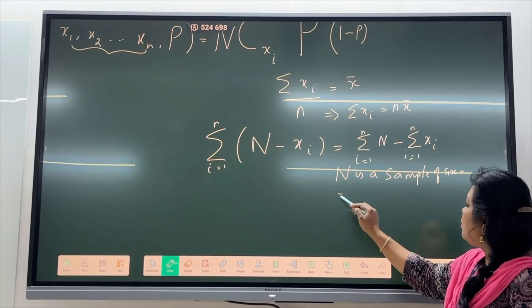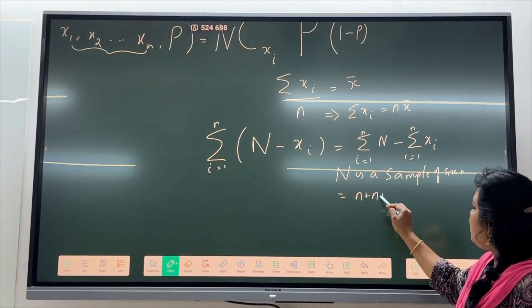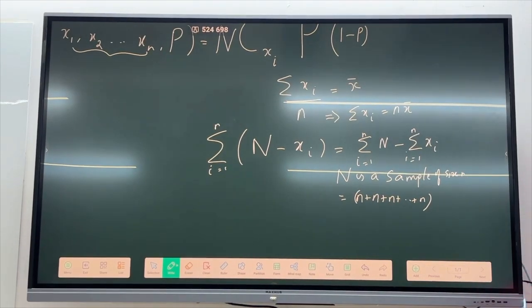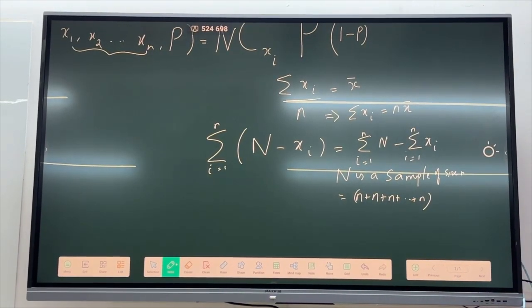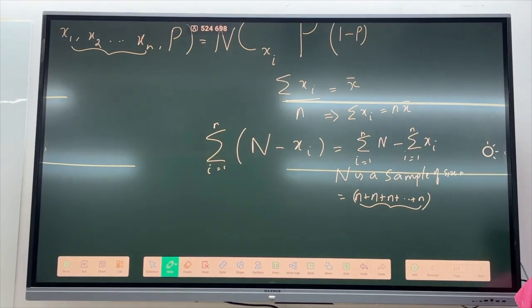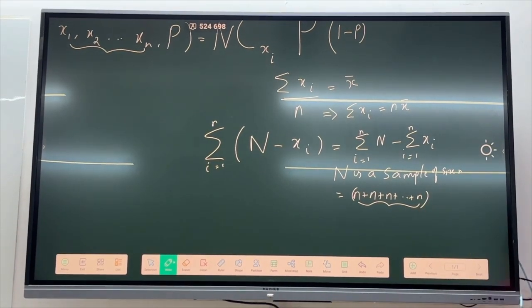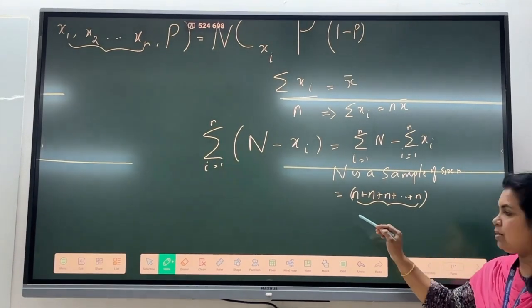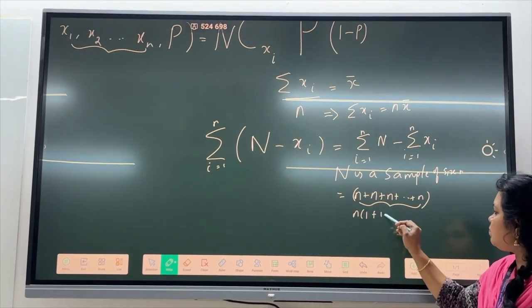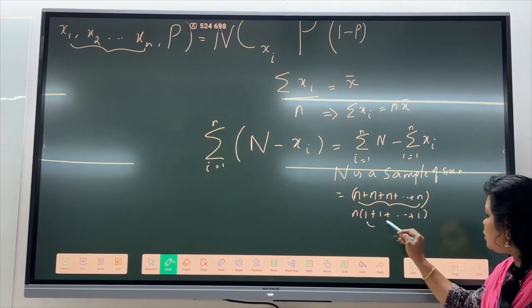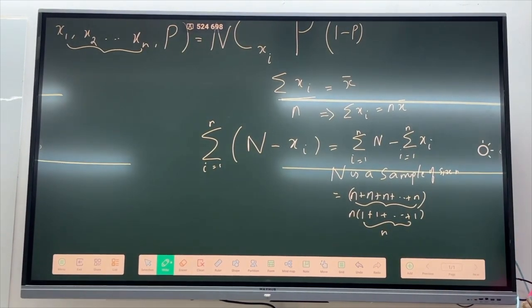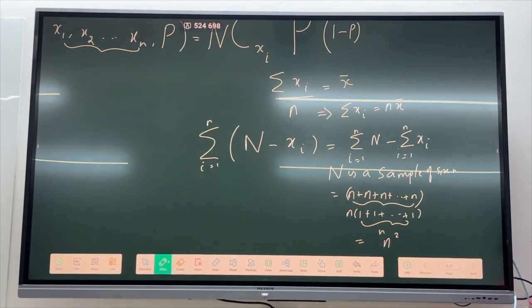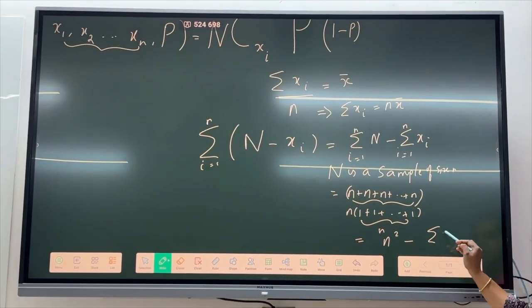It will go up to n times: N plus N plus N and so on, n times. Altogether, if you take N outside, 1 plus 1 plus 1 and so on, this is also n times. So if you multiply, what is your answer? N square minus summation xi.